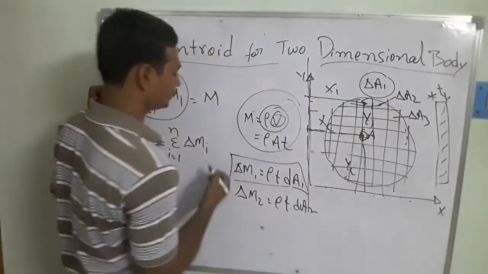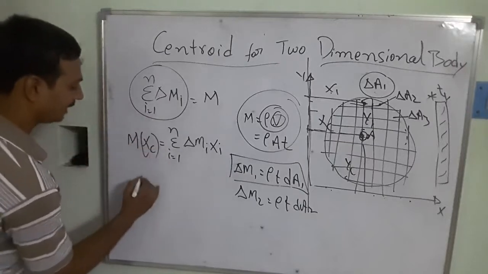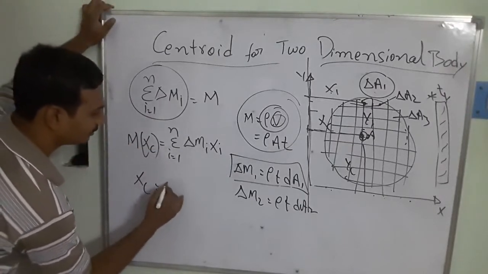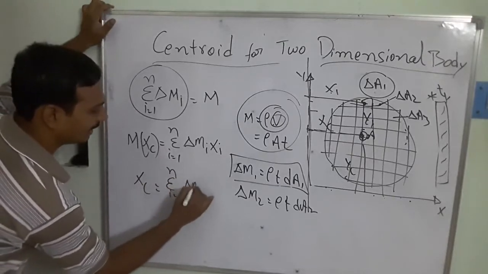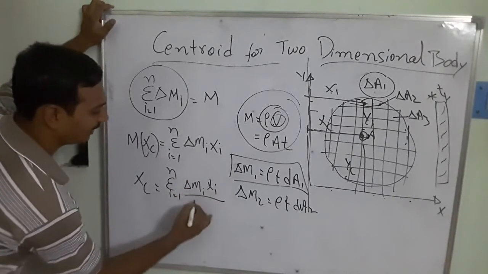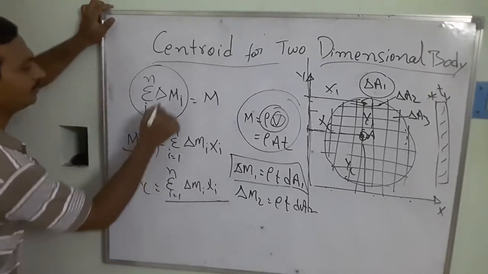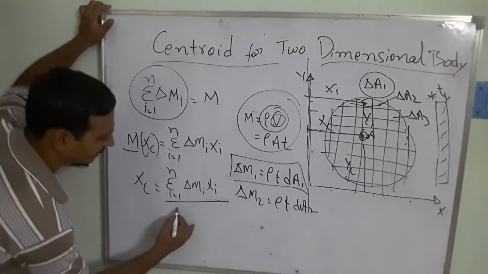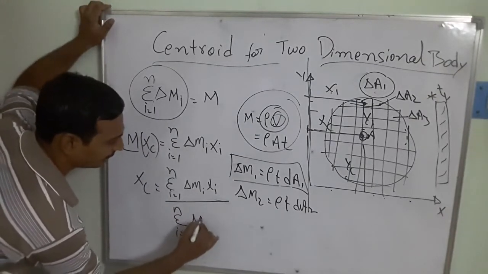Similarly, other elements also we do have, so I am going to be taking the xi. Similarly, xc is equal to sigma i is equal to 1, del mi xi, divided by this m, which is sigma i is equal to 1, del mi.